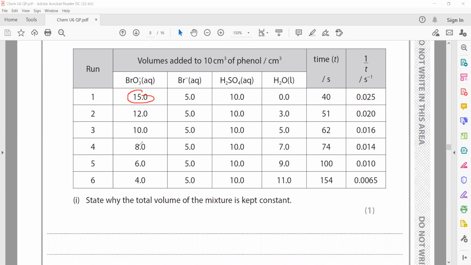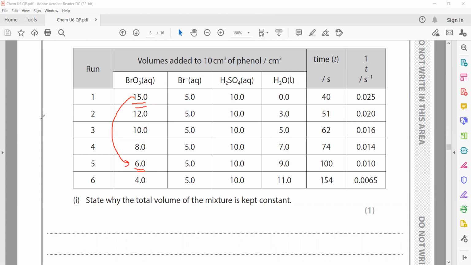So this is 15, this is 8, approximately, or you can take this value. This one is divided because you have the volume 15 and you have the volume 6.